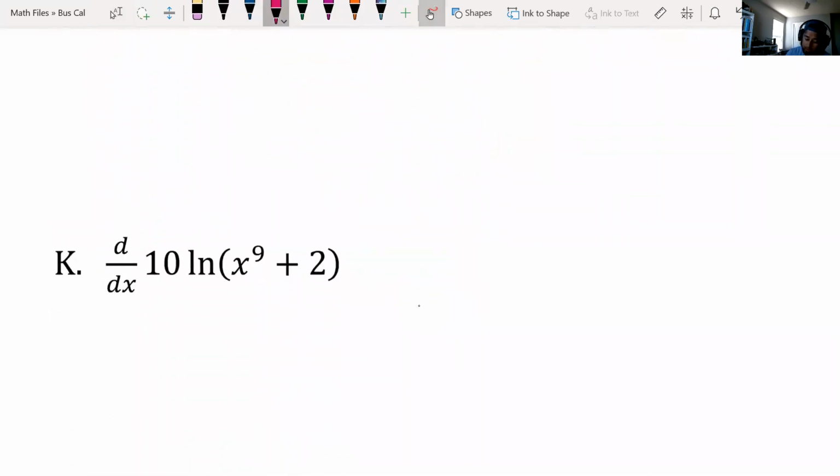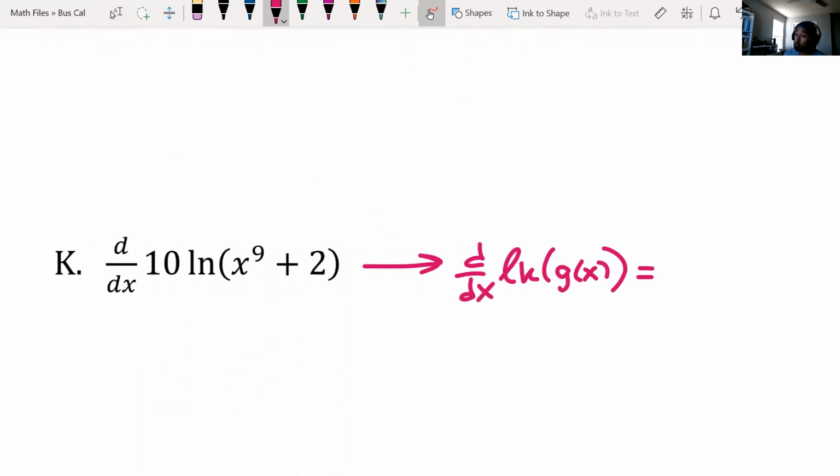And now, again, we have the natural log. If we have the chain rule derivative of the natural log of some function g of x, then the chain rule derivative is just g prime of x over g of x.